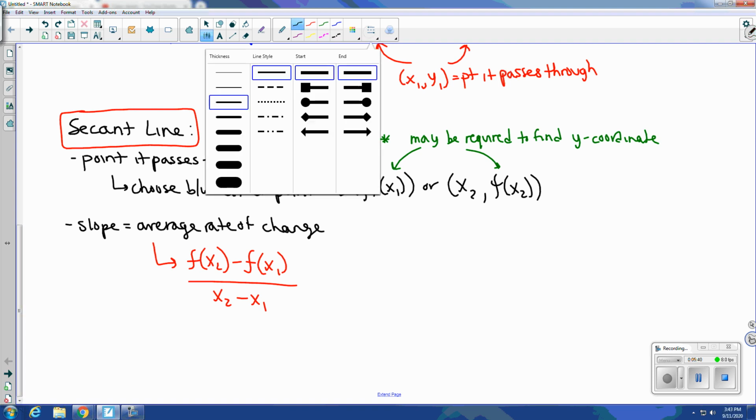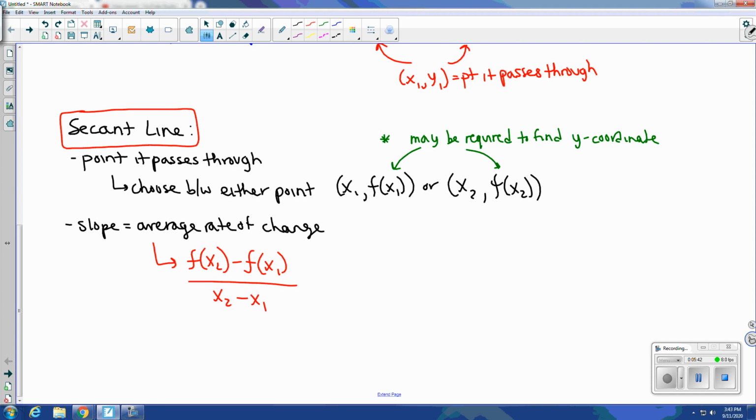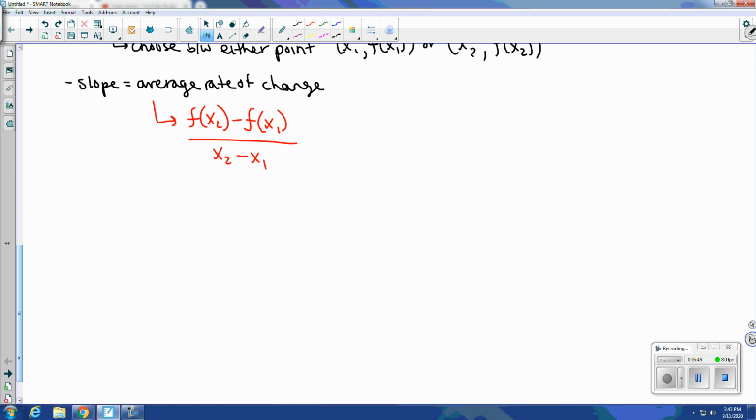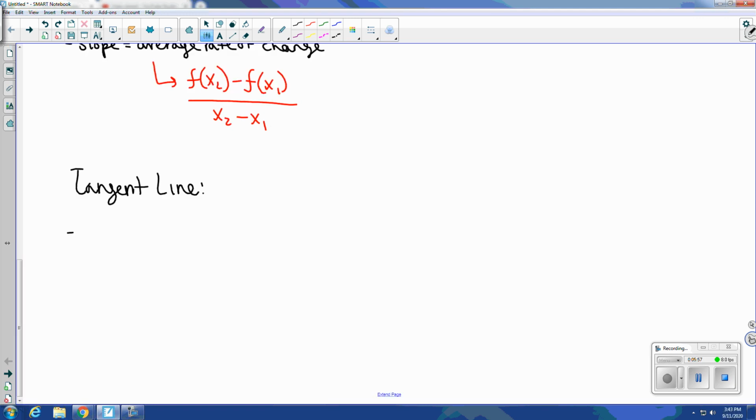Now let's do the tangent line. To write an equation for the tangent line, you take the point it passes through, we'll call it a, f of a.